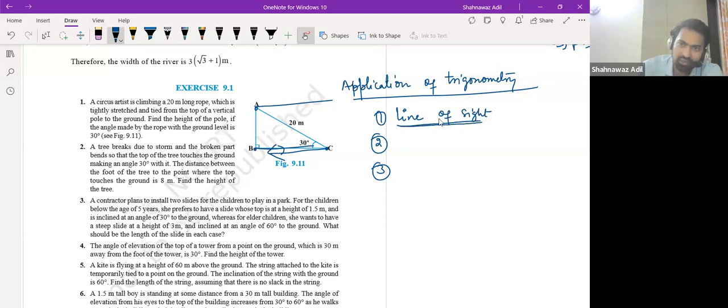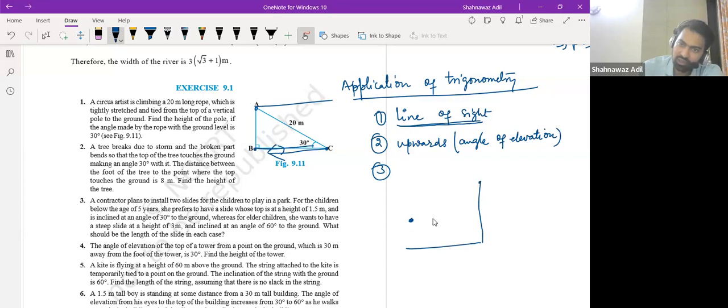And then from the line of sight, if we are looking upwards, then that is the angle of elevation. So let's say I have this line of sight, I am looking at the top of the tower.